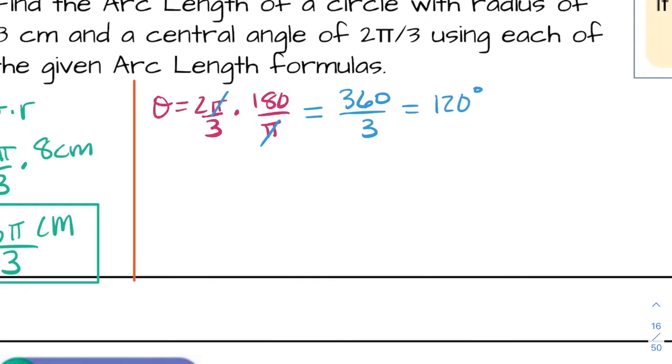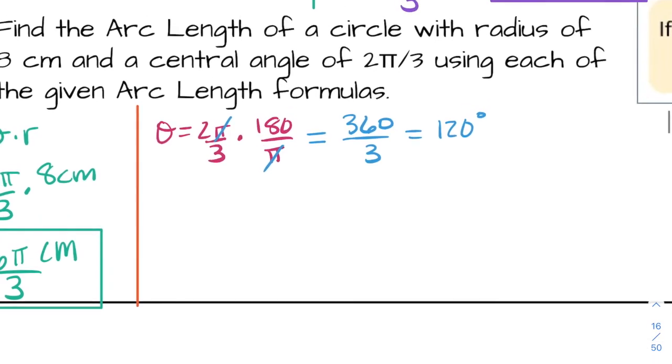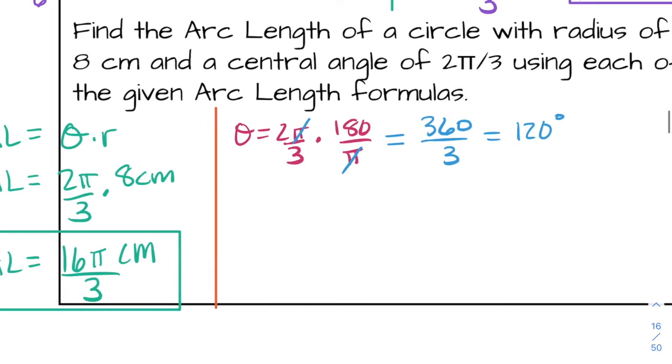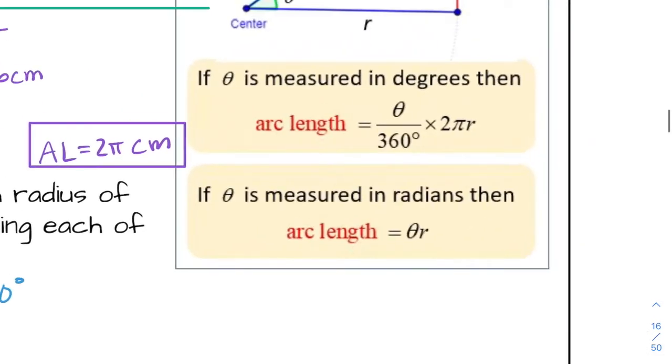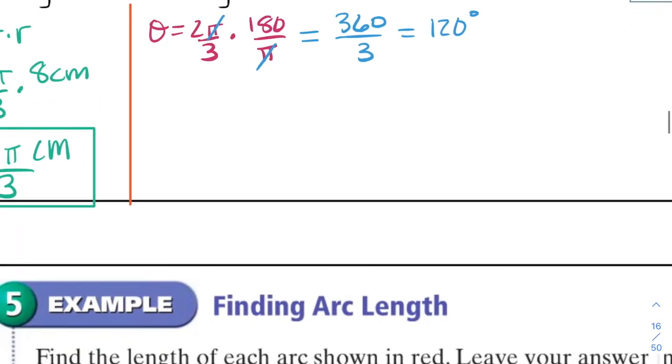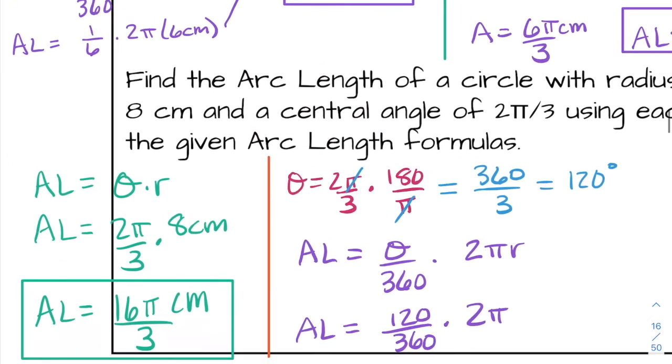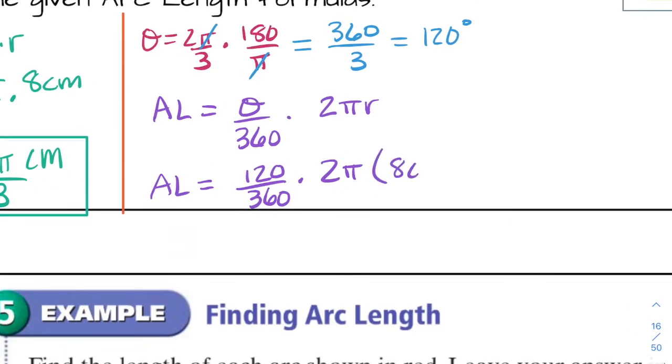So I just converted to degrees. Now I get to use the arc length formula here. Arc length is equal to theta over 360 times 2 pi r. So arc length is equal to 120 over 360 times 2 pi, and r is 8 centimeters.